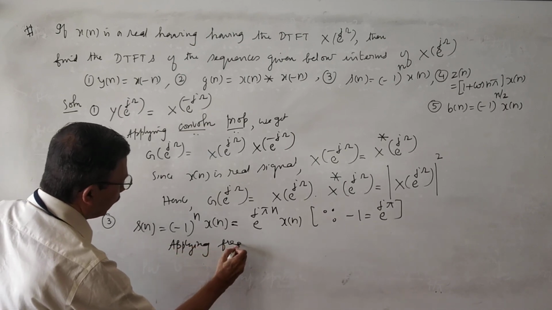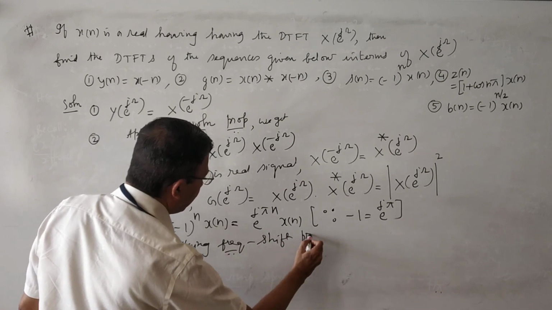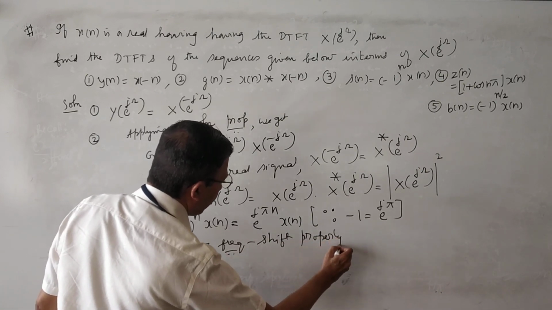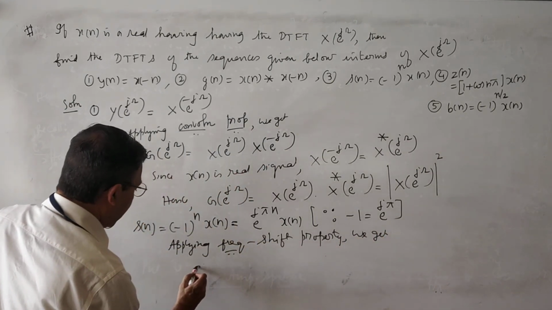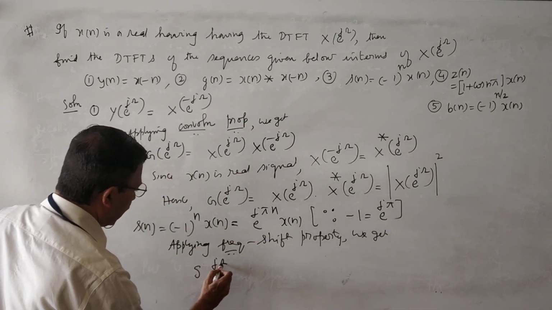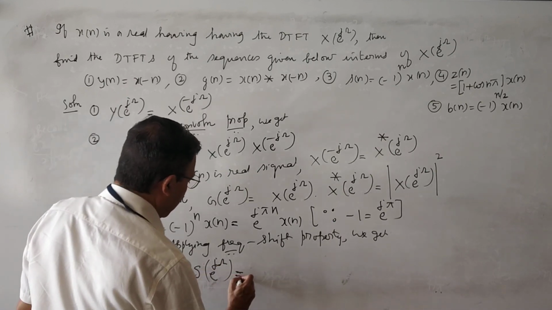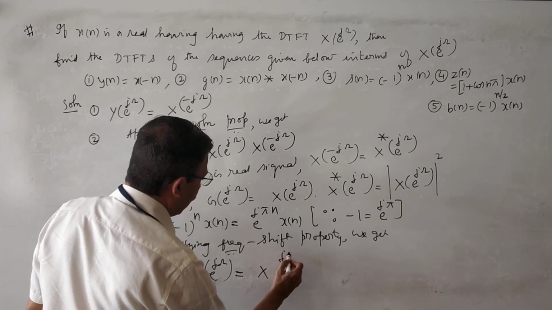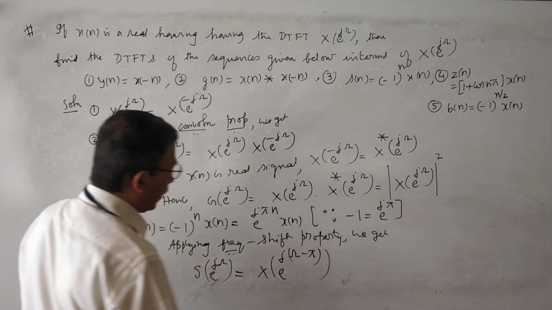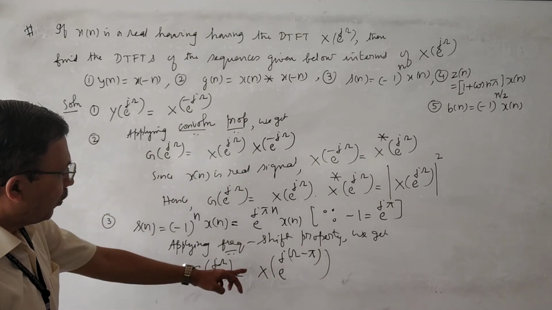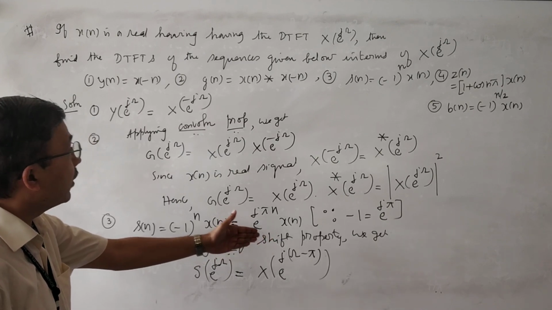Applying the frequency shift property, we get S of e power j omega is equal to X of e power j omega minus pi. This is because of the frequency shift property.